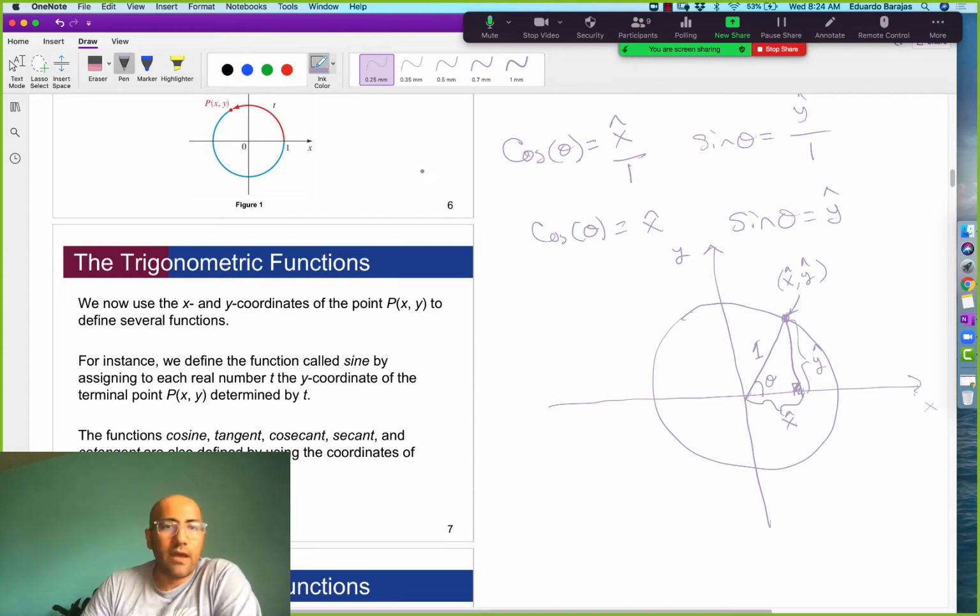Okay, so this was what we did back in chapter 6. Now in this chapter, all they're doing is defining that ordered pair value to be the distance along the unit circle tracked by some t value. When we define it in terms of radians, this angle in radians is equivalent to that distance on the unit circle.